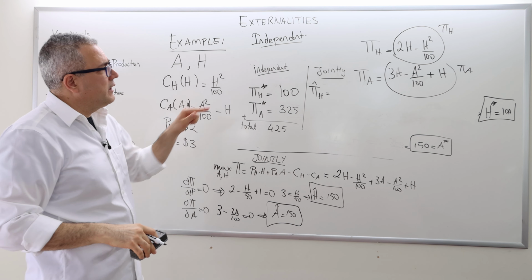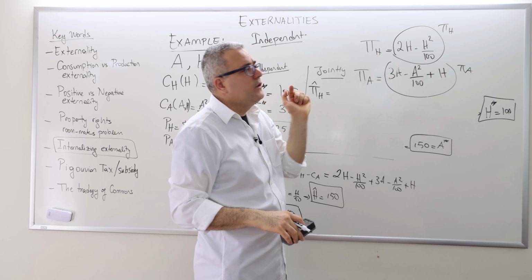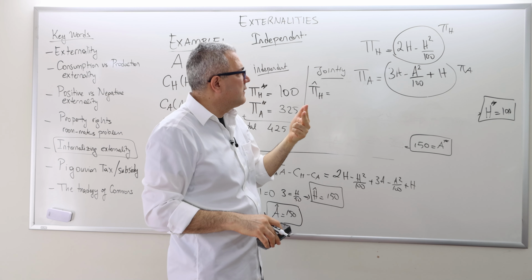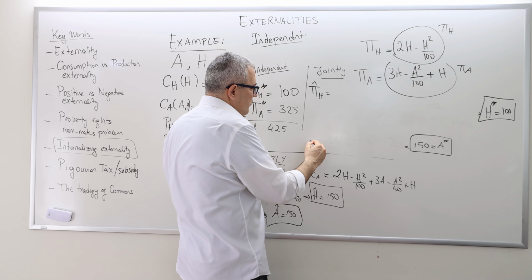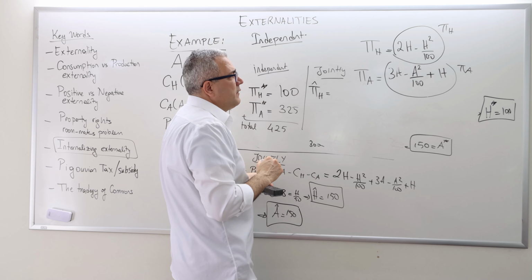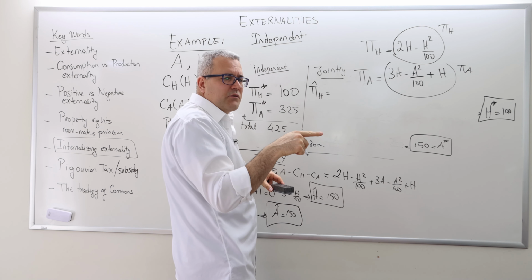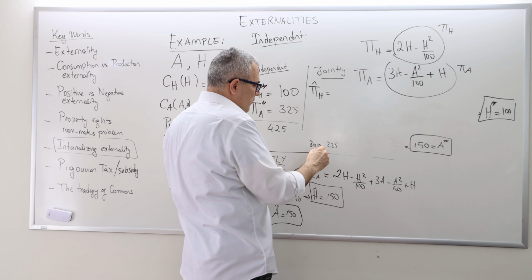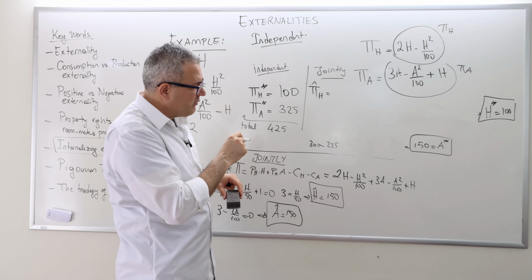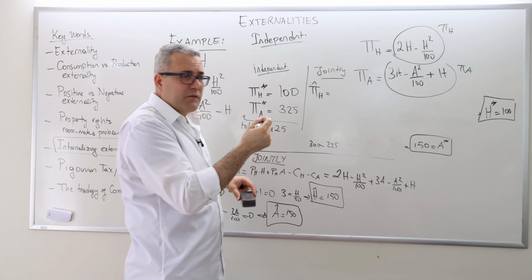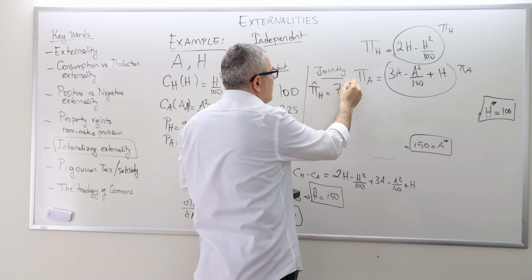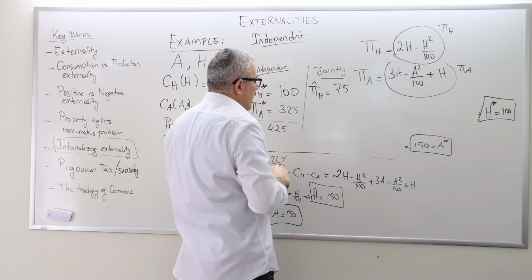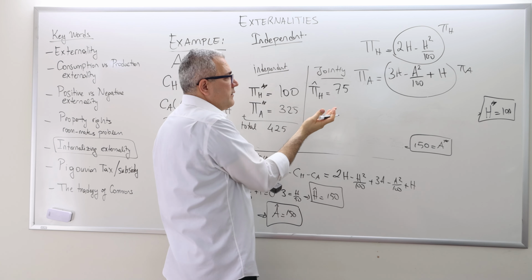So at 150 units, the profit is 2 times 150, 300, minus 150 times 150 divided by 100, which means 225. So 300 minus 225 means 75, right? Okay, so $75. And so it decreases, obviously, right?